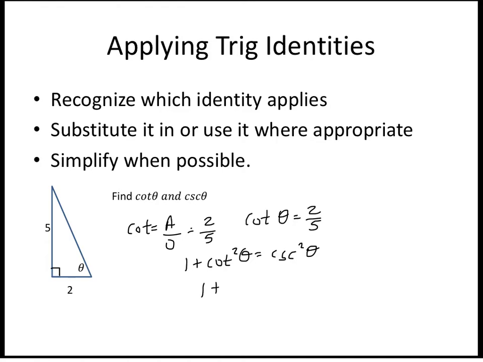So 1 plus (2/5) squared will equal cosecant squared theta, okay? So that's 1 plus 4/25. And that 1 is really 25/25, right?